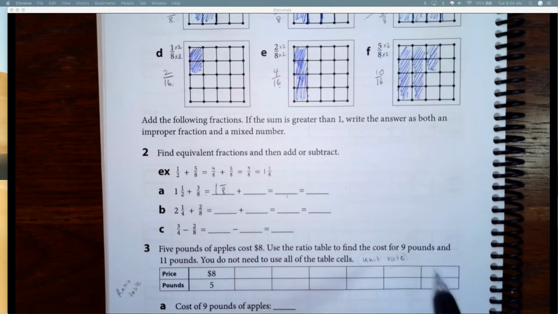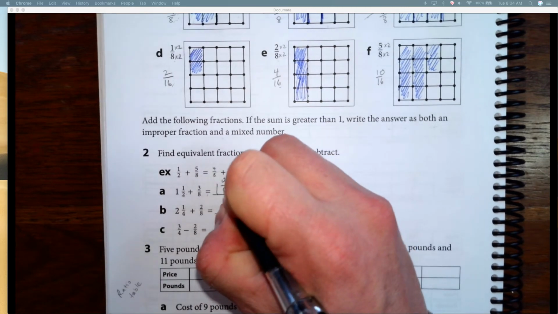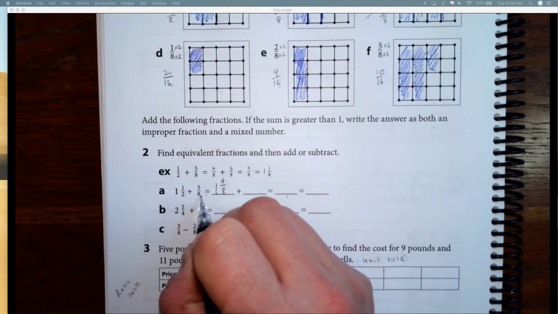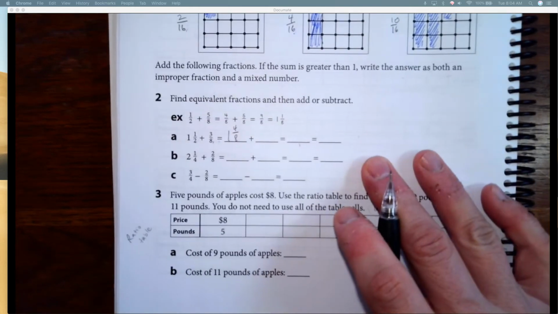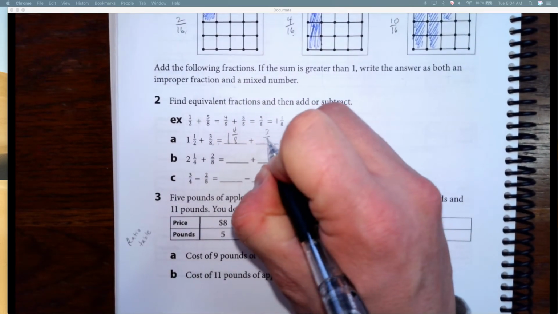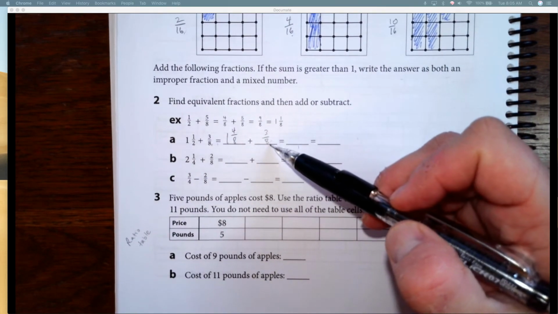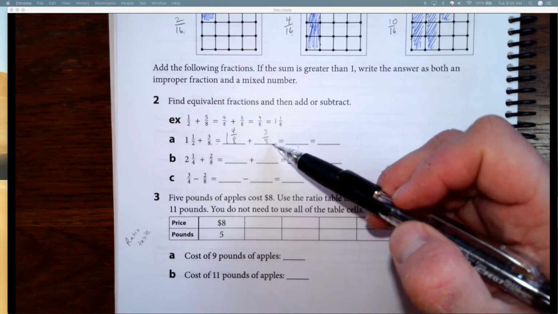Remember, 4 is half of 8, so 1 1/2 is equivalent to 1 and 4/8. And 3/8 can stay the same. Since it's already eighths, we don't have to do anything to the 3/8. We can just rewrite it over here on this line.